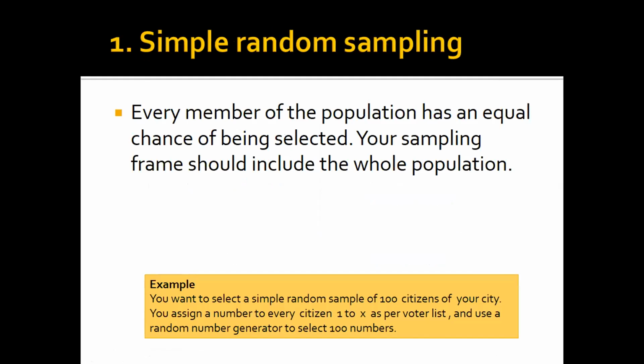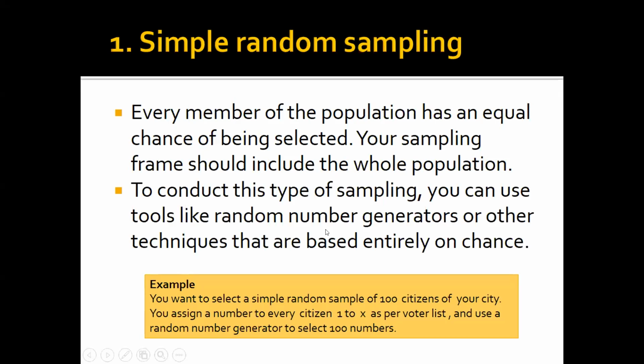Like we are starting with simple random sampling. I'll explain all of them in a systematic manner so that you have all the clarity. Every member of the population has an equal chance of being selected, and your sample frame should include the whole population. For this sampling, you can use tools like random number generators. In a computer you'll find random number generators.